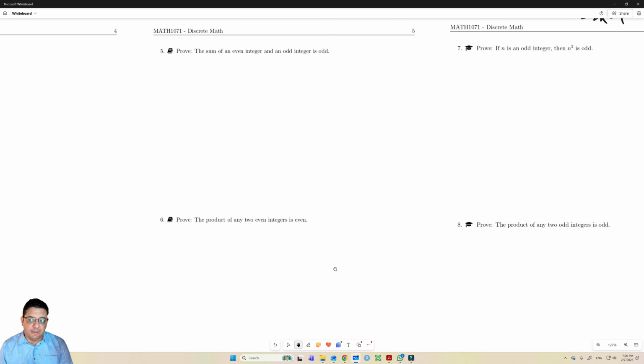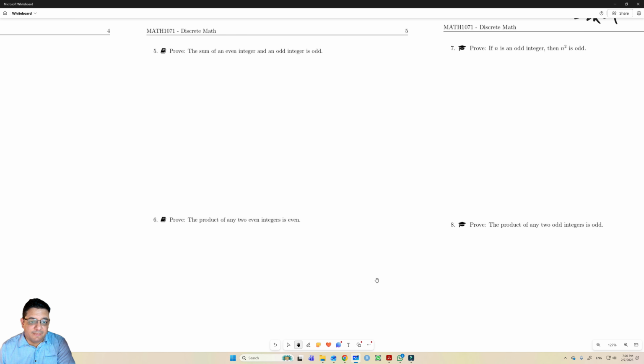Now let's go with a couple of proofs. We have that the sum of an even integer and an odd integer is odd. This is a little bit of reviewing from what we saw in class. So let's say that you have 2 integers. Let n and s belong to the integers, and let's say n is going to be even and s is going to be odd.